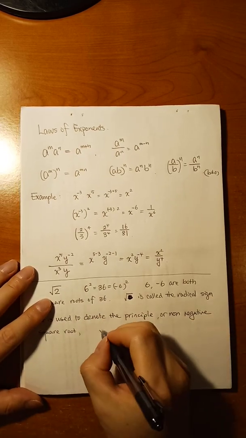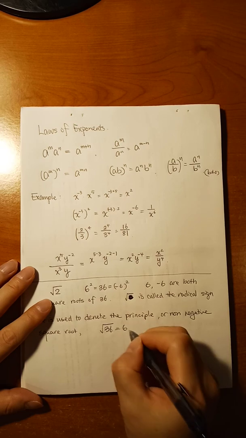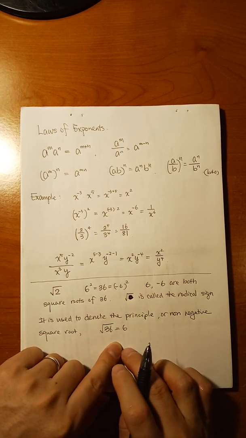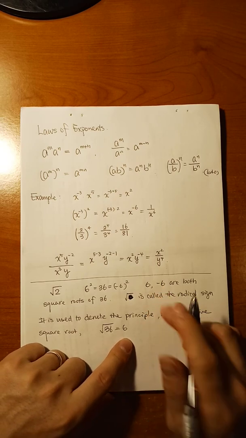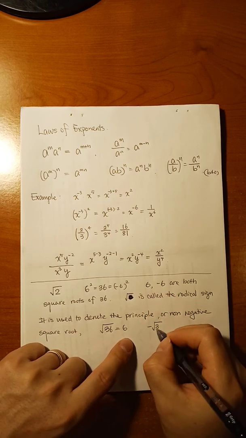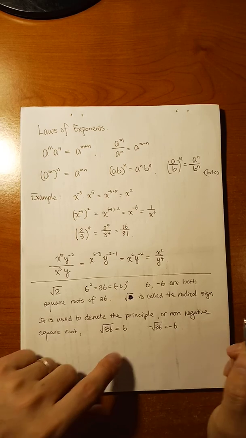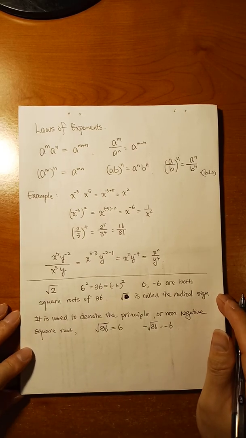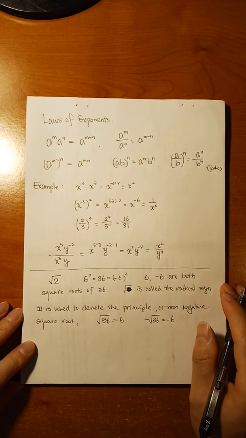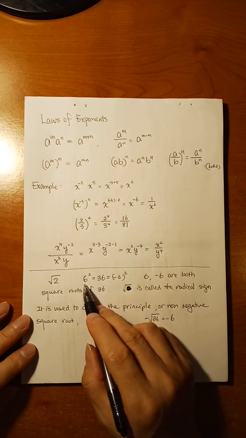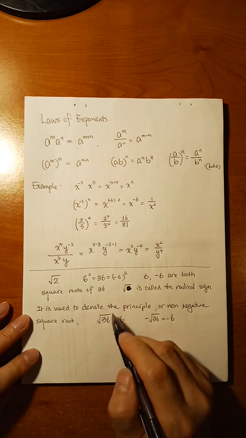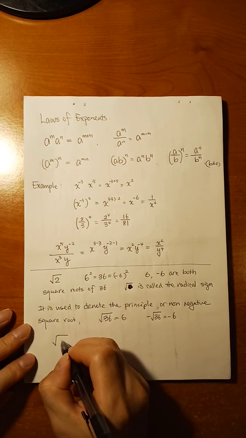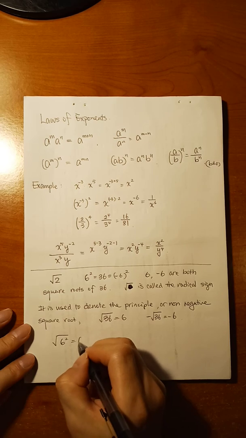So for example, if you don't put any symbol, the square root of 36 is 6. It represents 6. How do we get a negative 6? Put it this way: the negative of the square root of 36 is negative 6. And from here, the square root of 6 squared is 6.